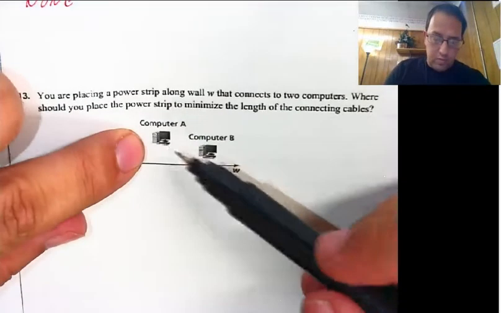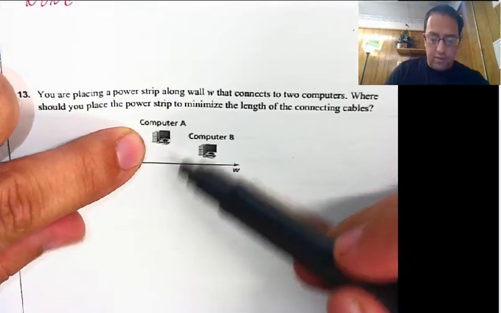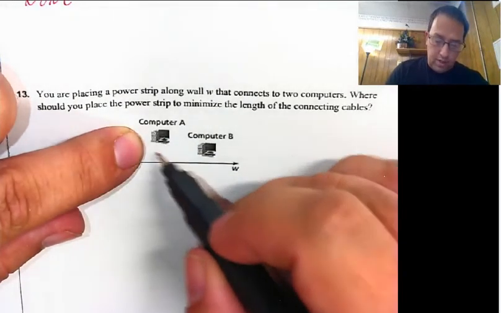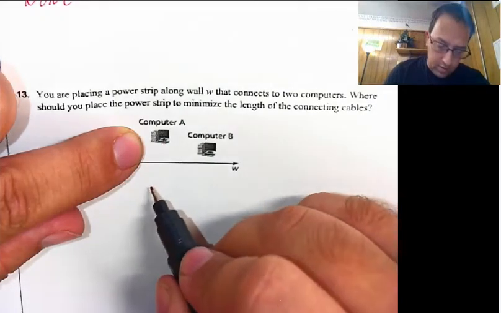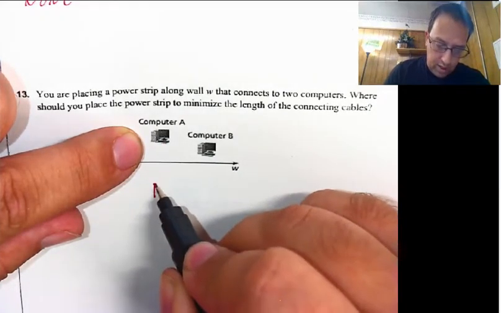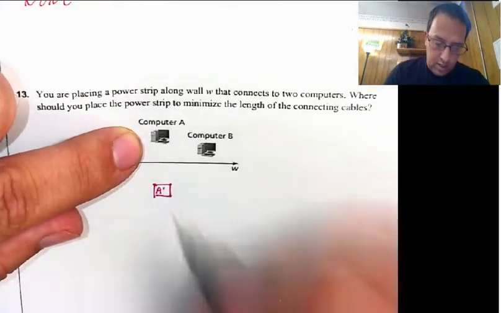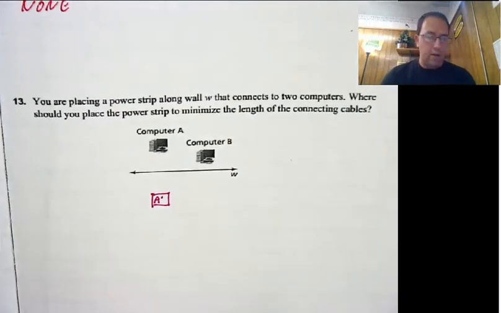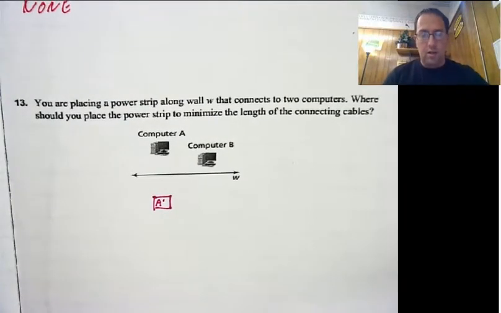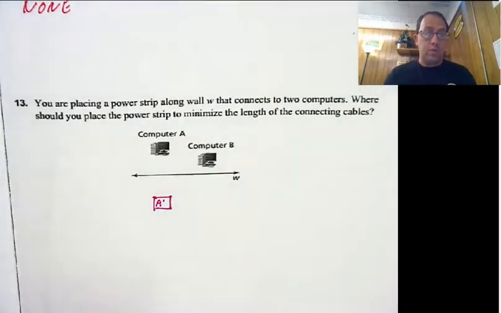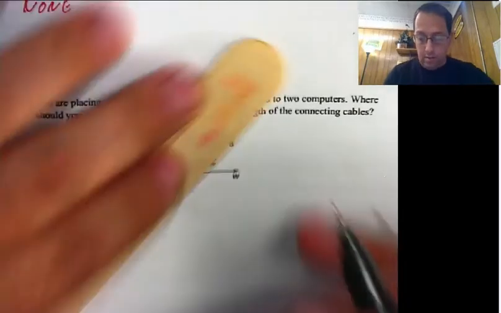What we're going to do is reflect computer A over line W. So if I reflect its position over line W, that puts computer A right here. This is A prime, the image of A. And then we're going to draw a line from B to A prime, because the shortest distance between 2 points is a straight line, right?